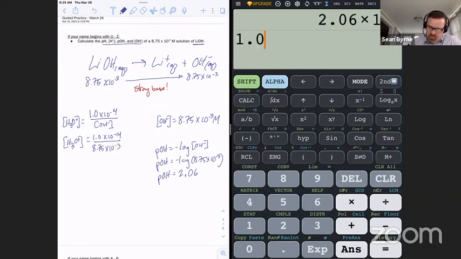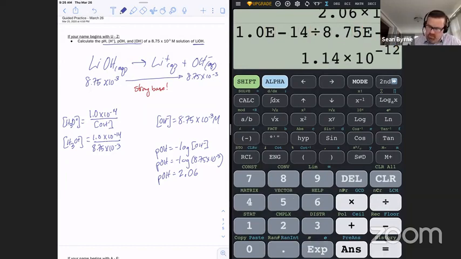So 1.0 E minus 14 divided by 8.75 E minus 3. And I have an answer that is, just double checking my work over here, H3O+ is equal to 1.14 times 10 to the minus 12th. Are you still with me? pH at this point is equal to my negative log of my H3O+.